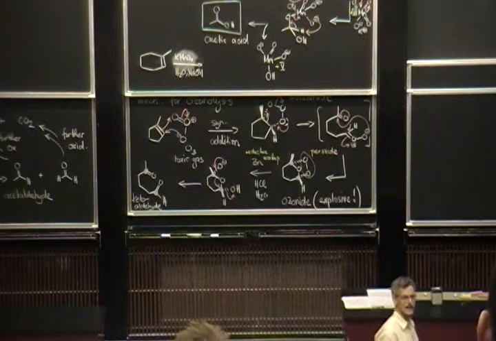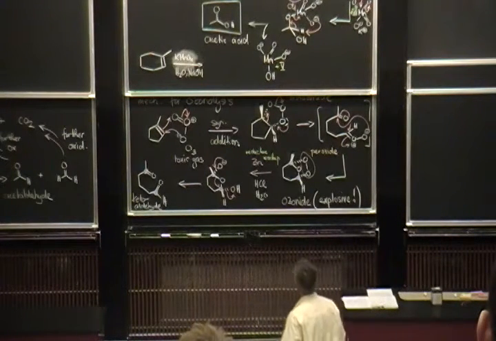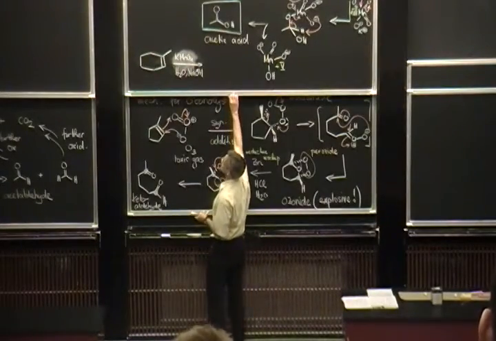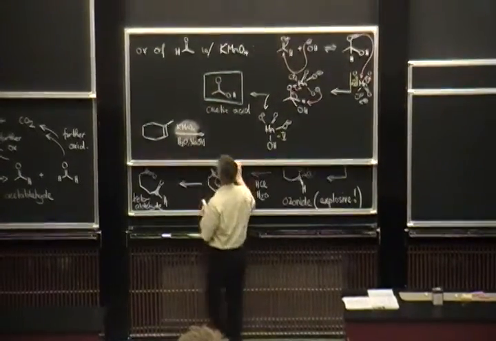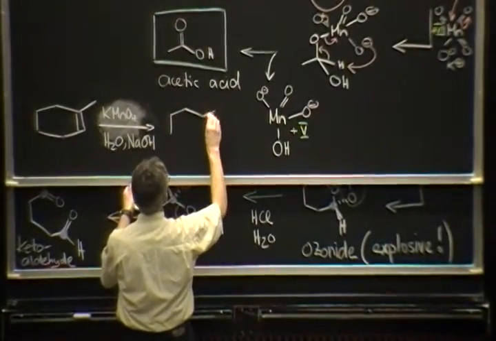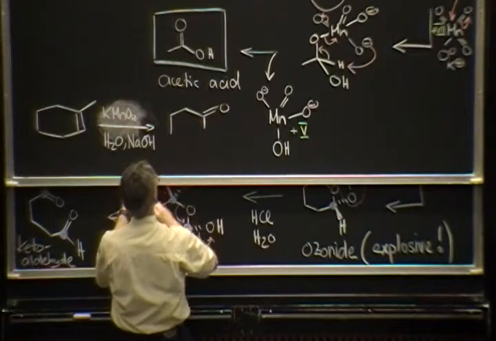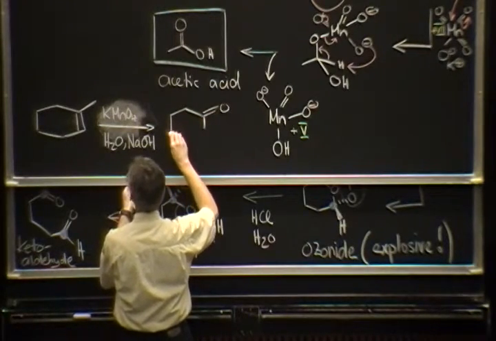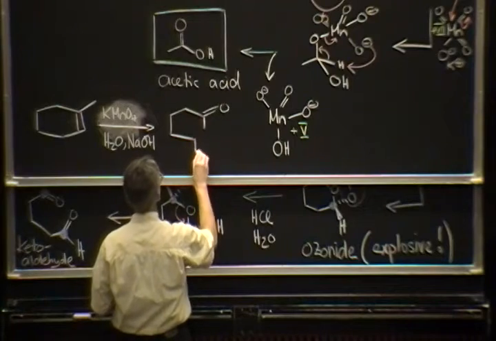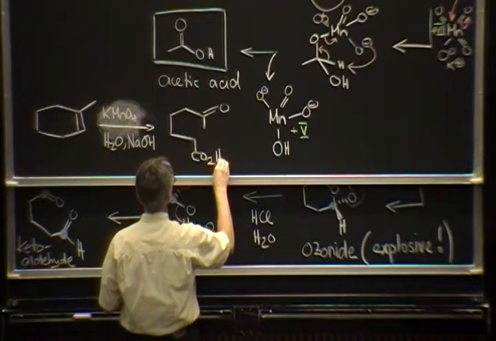Okay, so it's a keto acid, right? Ketone, methyl ketone, 1, 2, 3, 4 methylene groups, and then here we have the carboxylic acid.